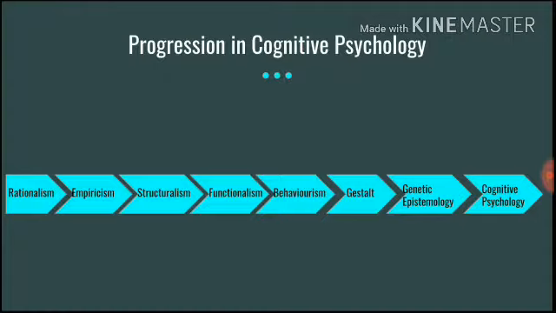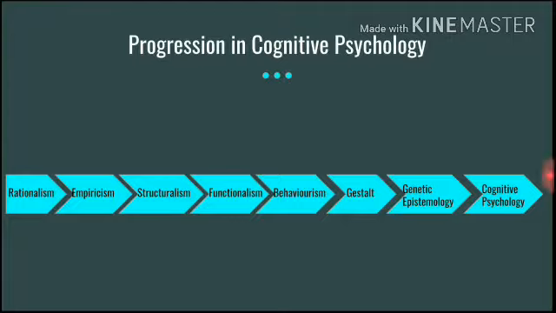So, nonetheless, you all can definitely read up, and you'd find there's a lot of information that would help you understand that there is a lot that has gone by, and there's a lot that cognitive psychology as a school has evolved from.